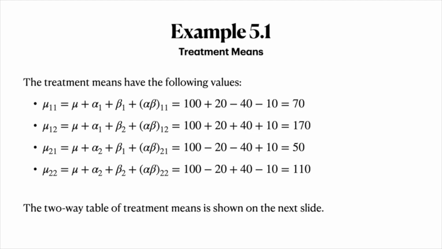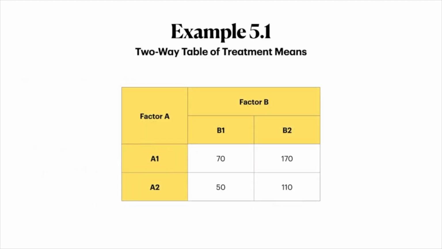Now it's convenient to organize these values in a two-way table of treatment means, as we've seen in a previous lecture video, and we've done that here on the next slide. Here we see the rows correspond to the levels of A, the columns correspond to the levels of B. And in the individual cells, which are intersections of a row and a particular column, we've got the mean for the corresponding treatment combination.